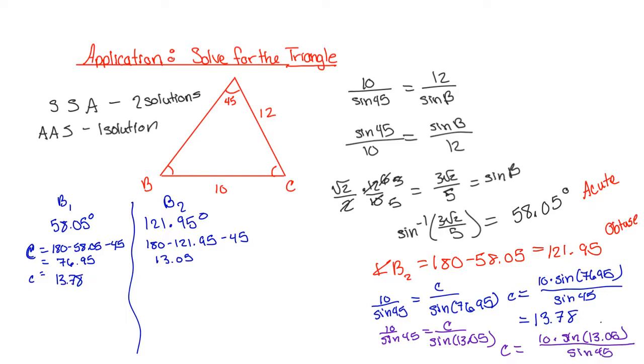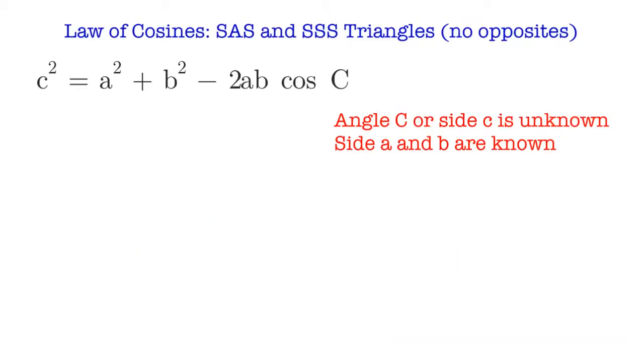We plug that into our calculator and we get the answer of 3.19 instead. And so that would be solving our triangle. And in this case, again, remember, this is an ambiguous case because it is a side-side-angle with the information that we were given.